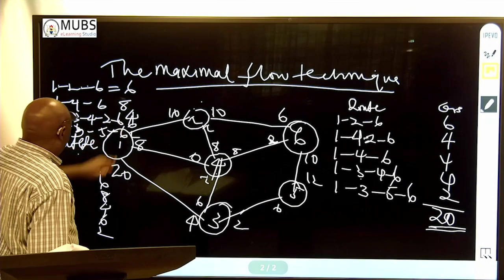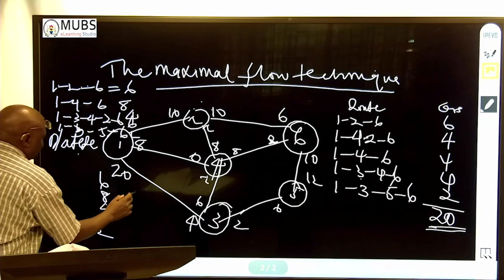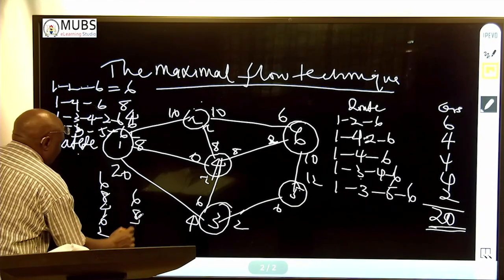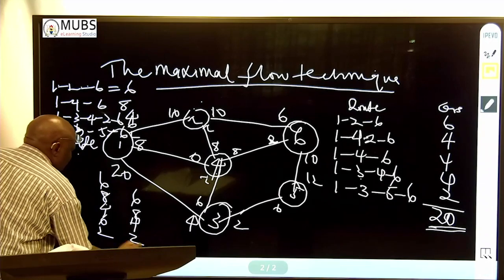Then this one would allow the 2. There's no other 6. It was 6, 8, 4, and 2, which is 20.